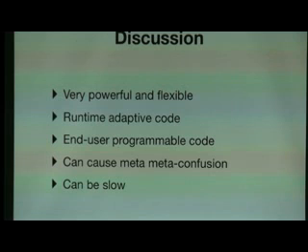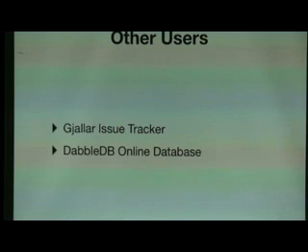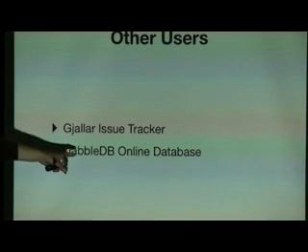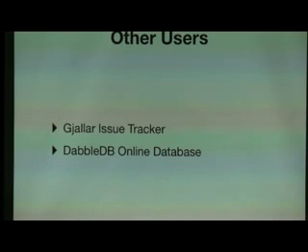Other questions, comments? Other users? I honestly haven't found that many examples of meta models in Smalltalk. Of course, DoubleDB supposedly has kind of a meta model behind it. Otherwise, the whole functionality wouldn't work, right?